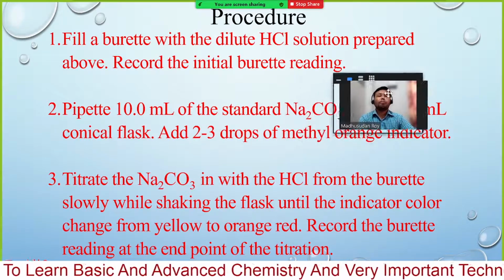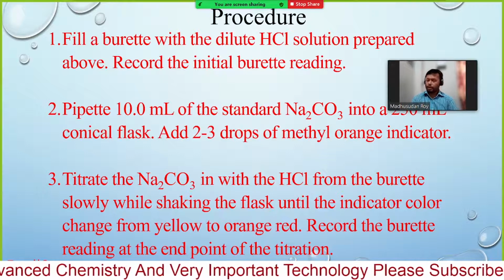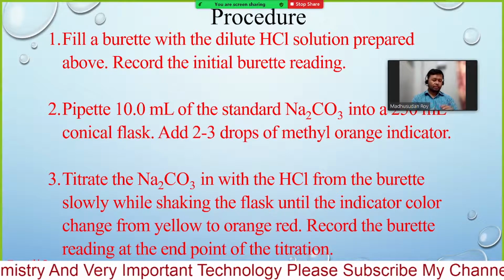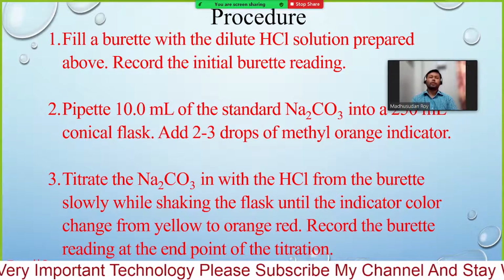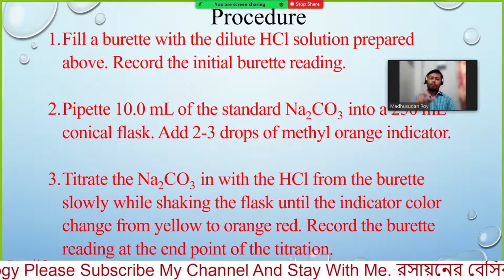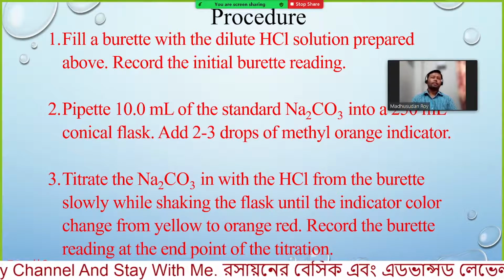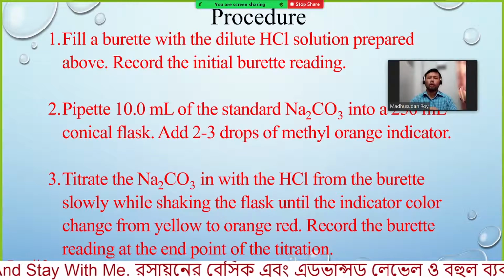Now what is the procedure, how will we conduct our experiment? First, fill a burette with the dilute hydrochloric acid solution prepared above. Already we have prepared a 250 ml volume of hydrochloric acid solution, approximately 0.1 molar.